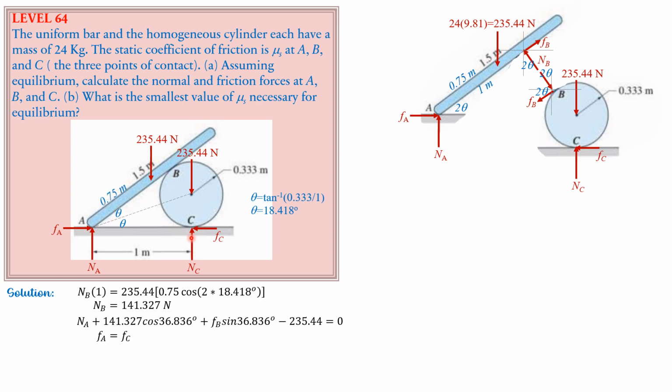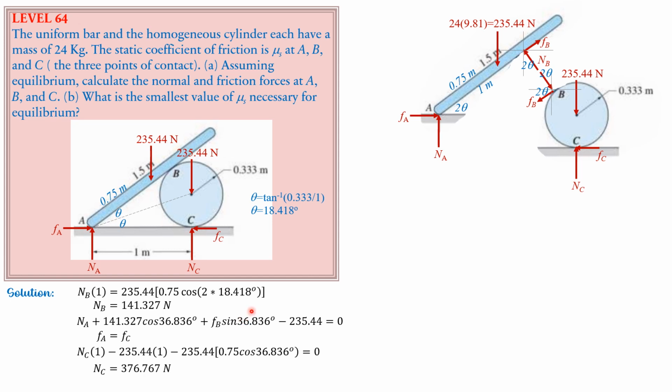Then, since this is 0.75, summation of moment about A equals 0, N sub C times 1, minus 235.44 times 1, minus 235.44 times 0.75 cosine of 2 theta equals 0. So from there, we can solve N sub C. N sub C is 376.767 newtons.